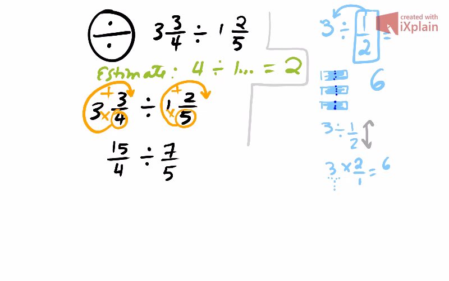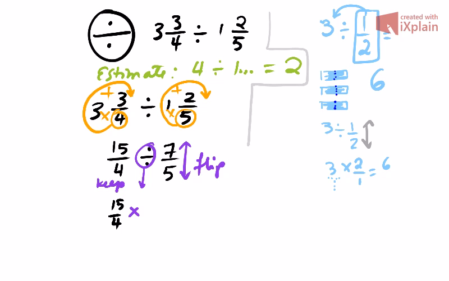So let's try to apply this here to the 15/4 divided by 7/5. So what did I say? And let's write it here. We keep the first fraction as it is. We change the divide into multiplication, and the last thing we need to do is flip the second fraction over, if that is a way to remember.